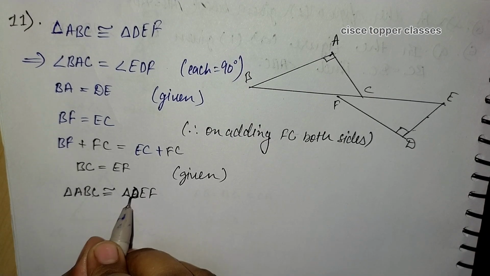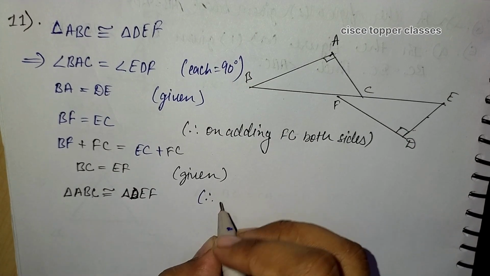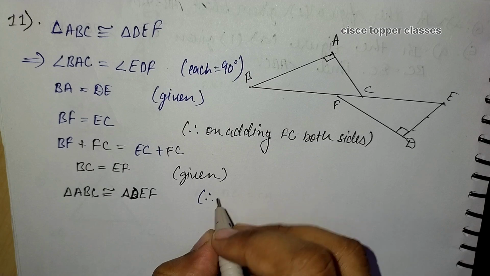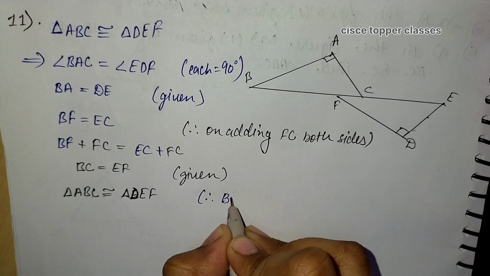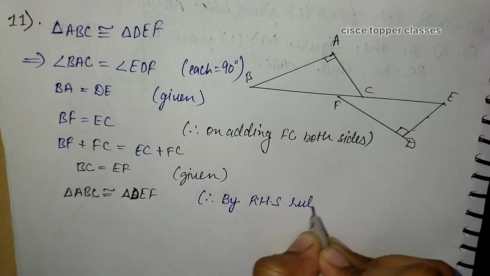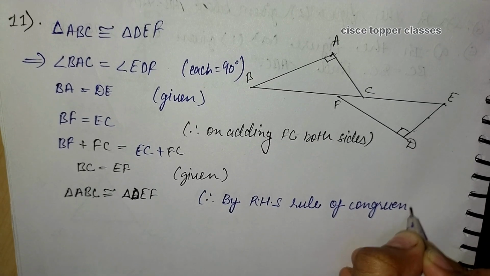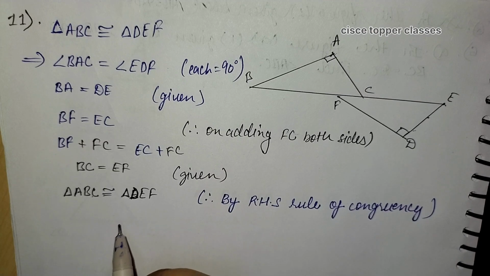Triangle ABC is congruent to DEF. So simply here, by RHS rule of congruency we can prove this. So this is the final thing which we have to prove in this question.